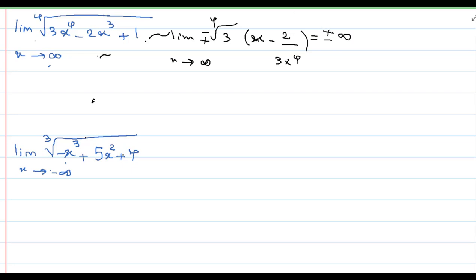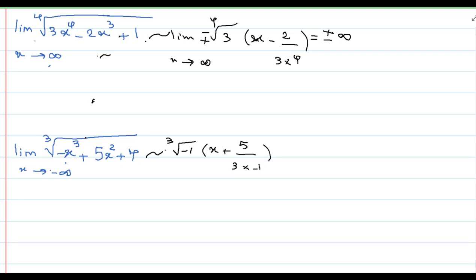And another example, this limit, where 3 is an odd number, so this is equivalent to just radical 3 of minus 1 times x plus 5 over 3 times minus 1.